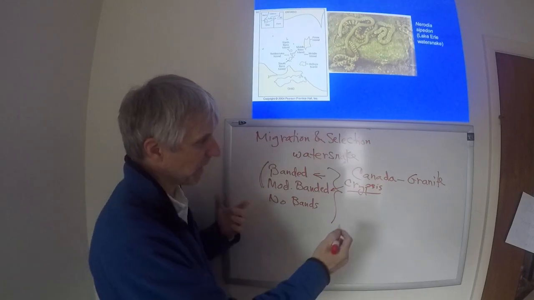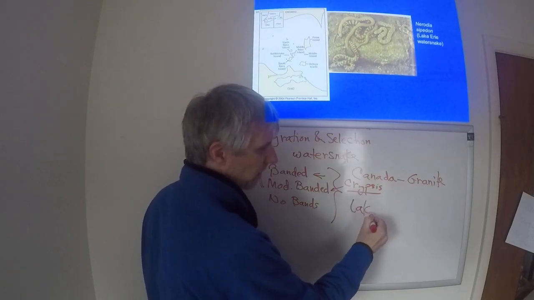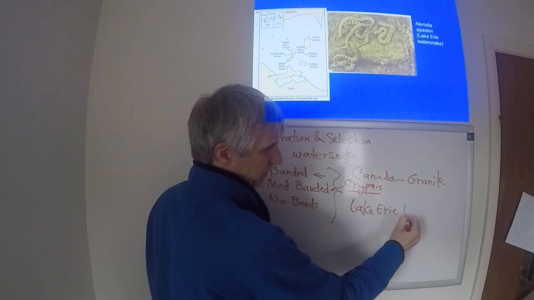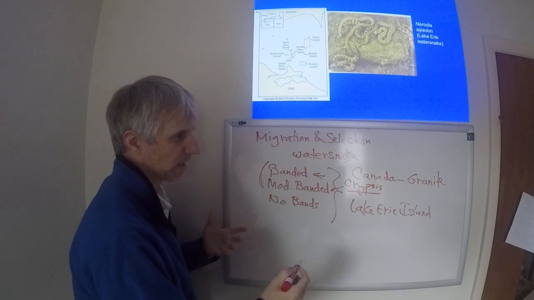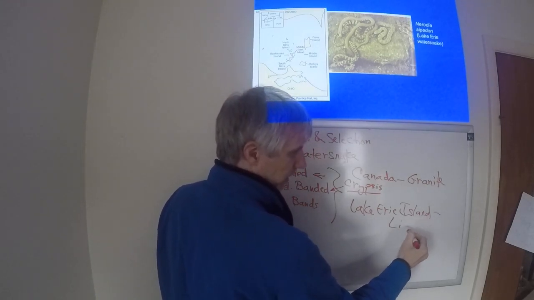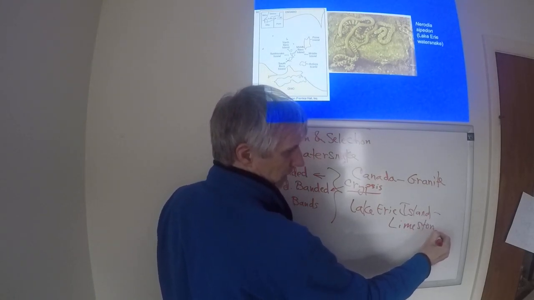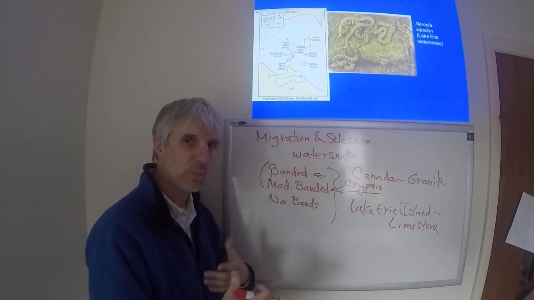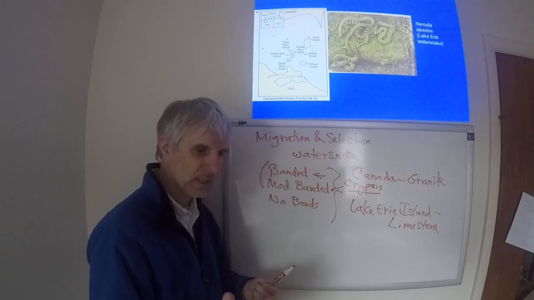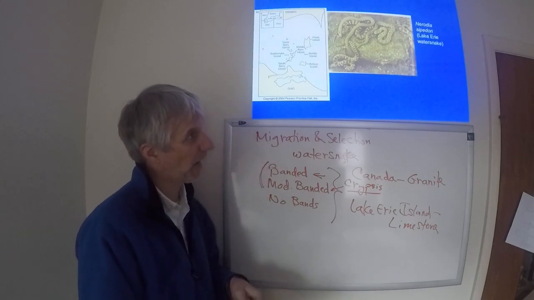All right, on the other hand, on these islands in Lake Erie, the bedrock material is different. Instead of being granite, it's limestone. Limestone has a very different appearance. It tends to be white, no speckling, just a basic white to tan-colored background.